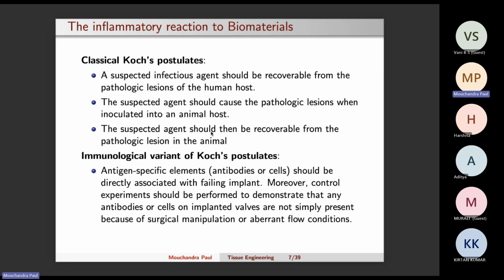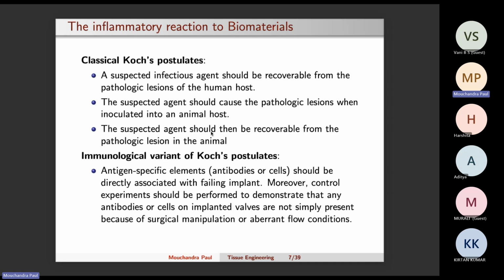So first, you have transplanted one implant in your host, and you see that the implant has failed. So you have to first recover the suspected agent. In your case, if you're thinking some antibodies or some inflammatory cells are responsible, you have to first recover those agents from the site of the failed implant in your host.